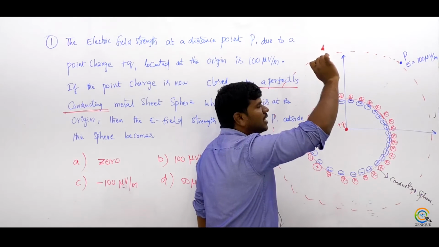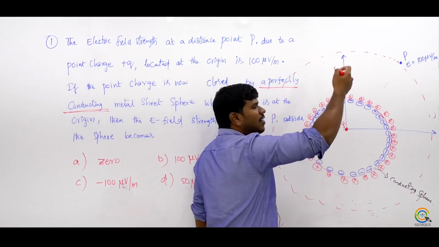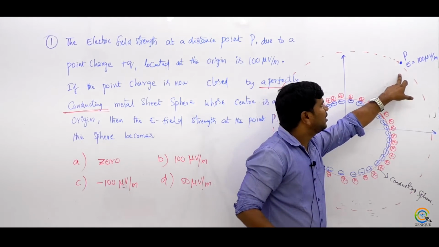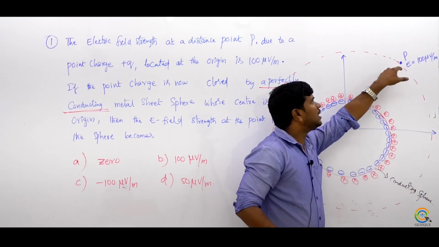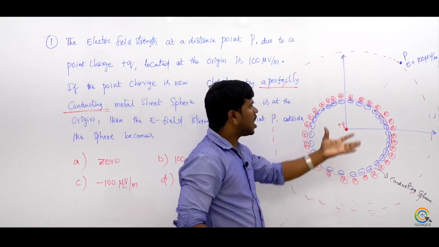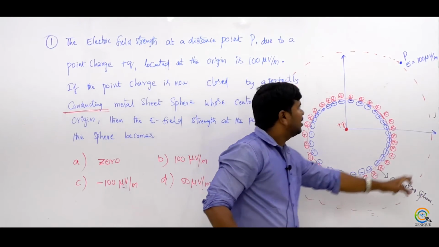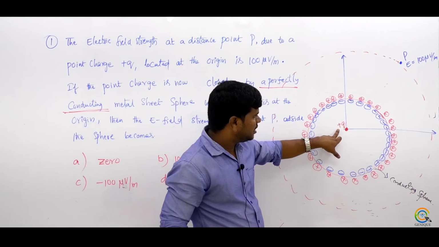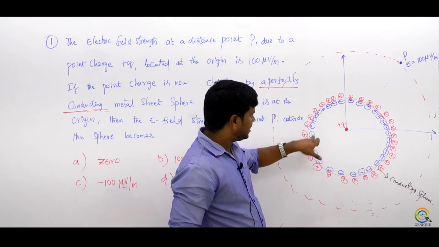Now what is the total net flux leaving? The total net flux leaving is equal to the charge enclosed in this volume. What is the total charge enclosed? This is plus q. What about this?